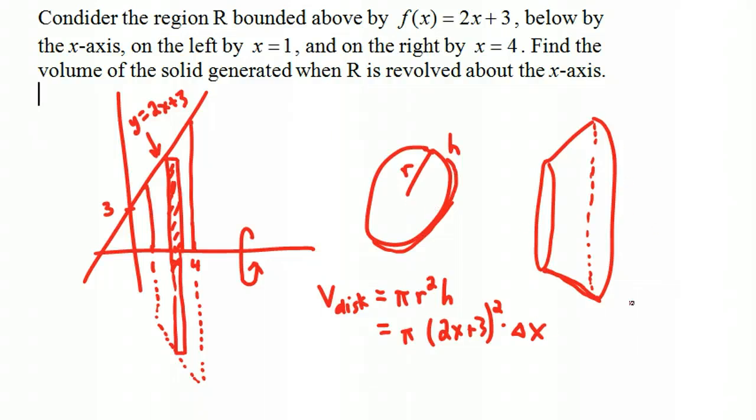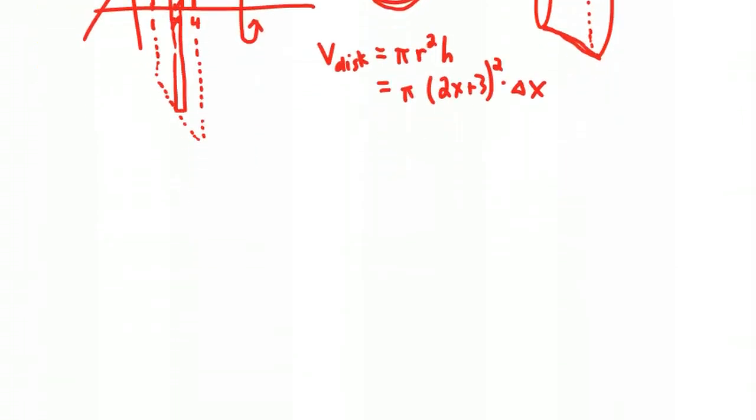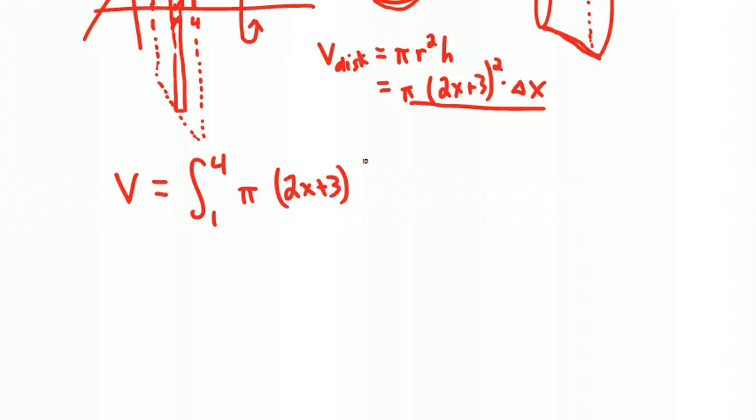But how do we find the volume of the whole solid of revolution? We end up having to use an integral. The volume of our solid of revolution is the integral from 1 to 4 of pi times (2x plus 3) squared, and the delta x becomes the dx.